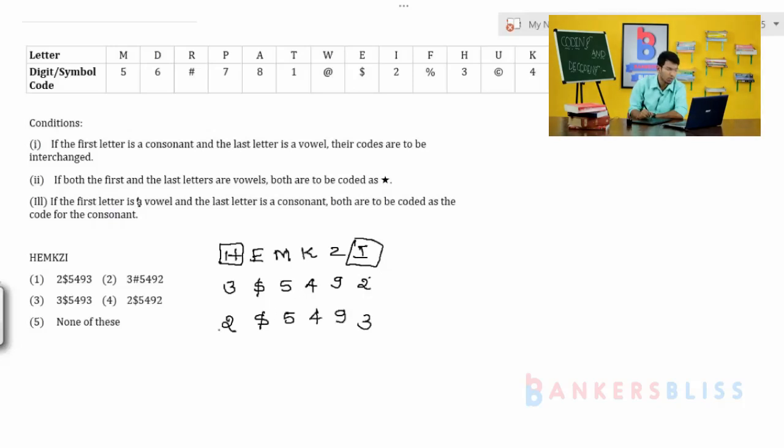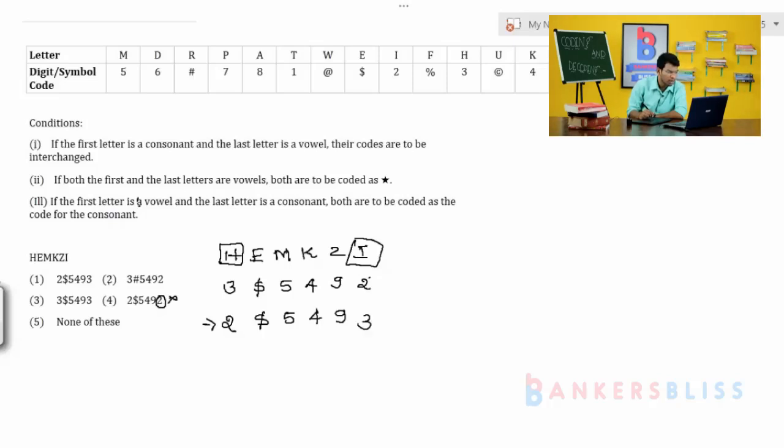Now the answer we obtained has to match the given options. 2 is here, dollar is there, 5 is there, 4 is there, 9 is there, but the last is 3, so option 2 cannot be followed.